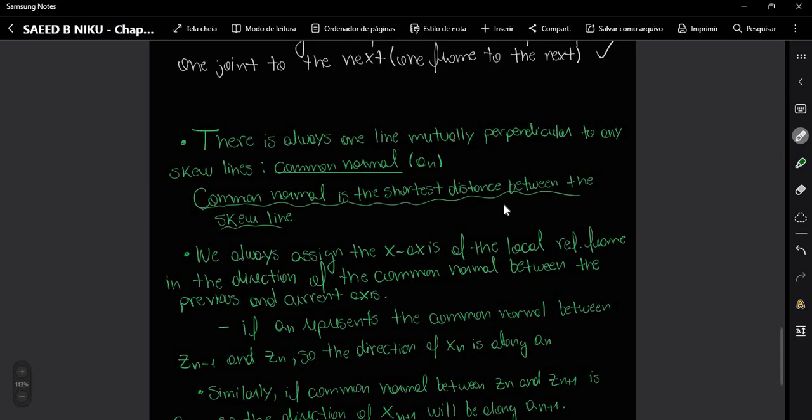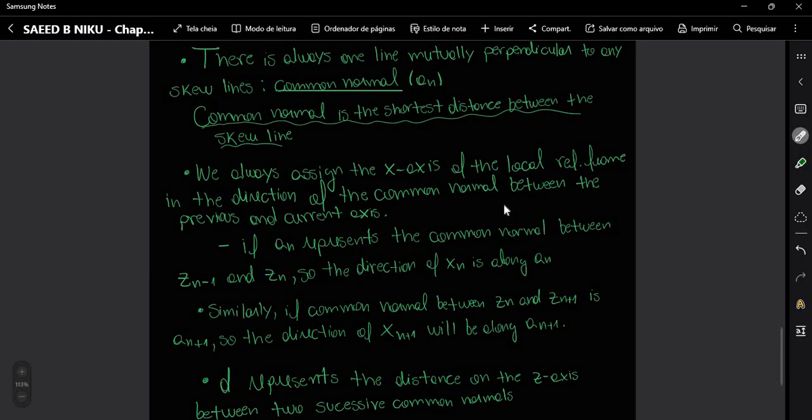Okay, let's see. There is always one line mutually perpendicular to any skew line, a common normal. A common normal is the shortest. Right here, this is important.